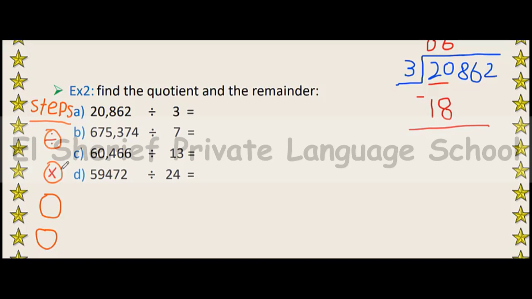The second step was multiply. 6 times 3 equals 18. So 0 minus 8 can't be. Borrow from 2, it becomes 1, and 0 becomes 10. 10 minus 8 equals 2, and 1 minus 1 equals 0.